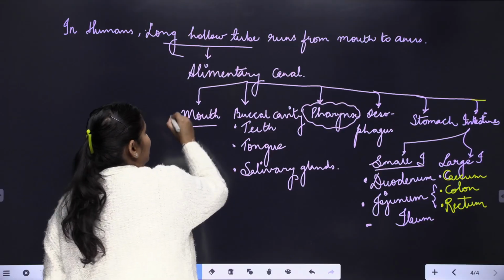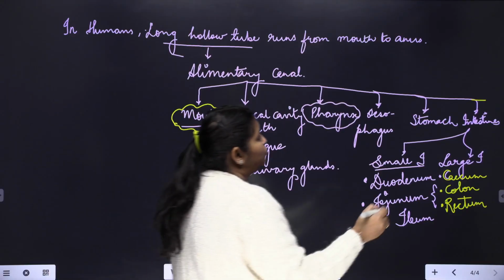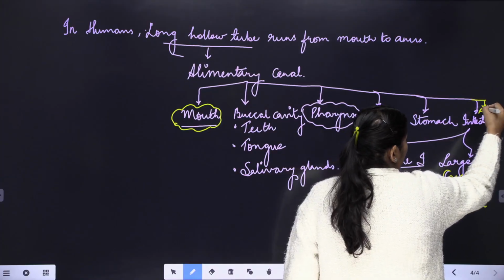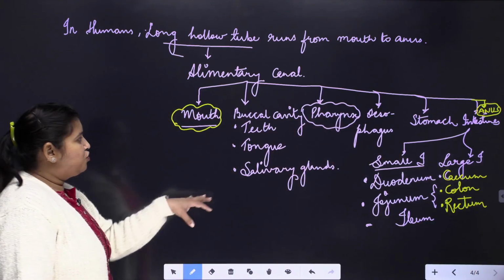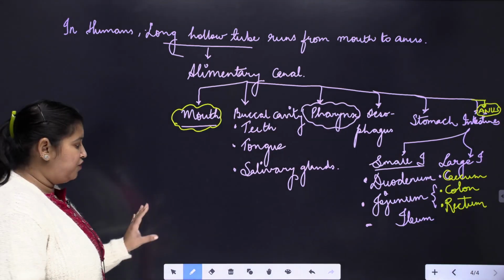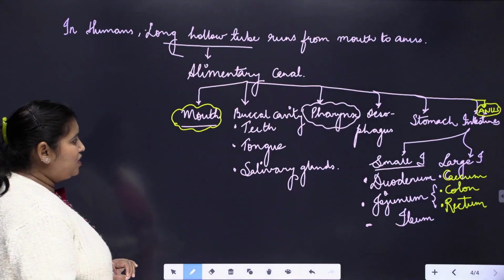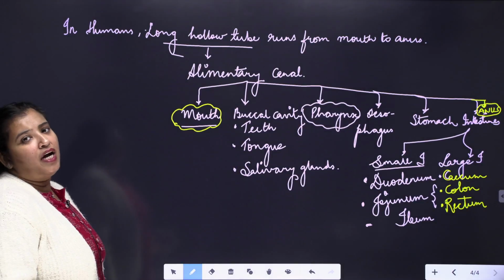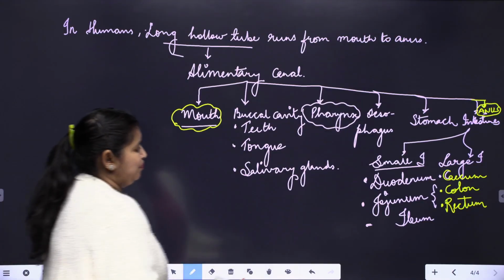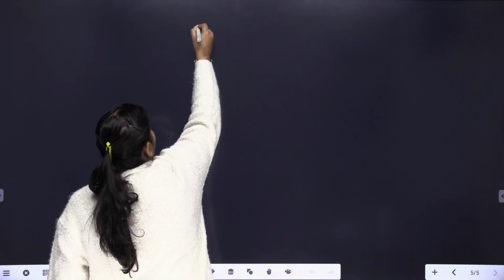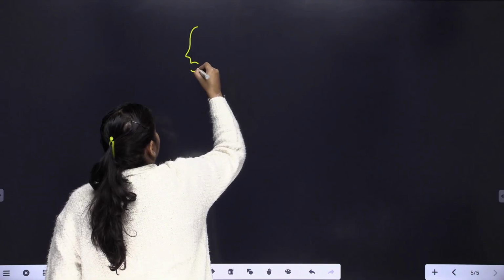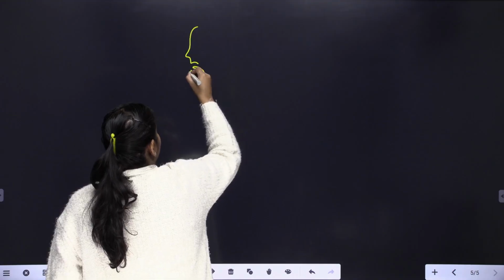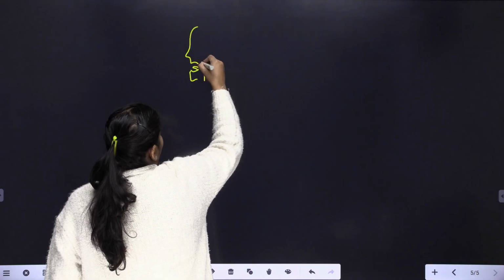That is why we said that alimentary canal runs from mouth to anus. All right. So I hope you've understood what is the basic part of the alimentary canal. All right. Now let us quickly draw the alimentary canal and understand the parts one by one. Fine. So let's draw the human digestive system. It would be better if you draw it along with me because you will also have to draw it in your board exams and then you will have a practice of it.